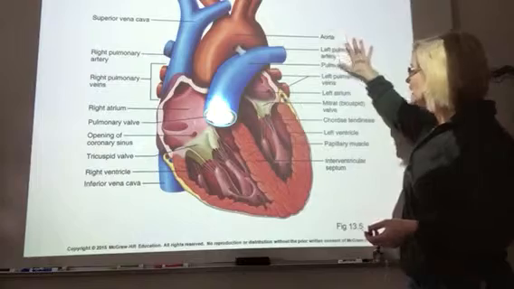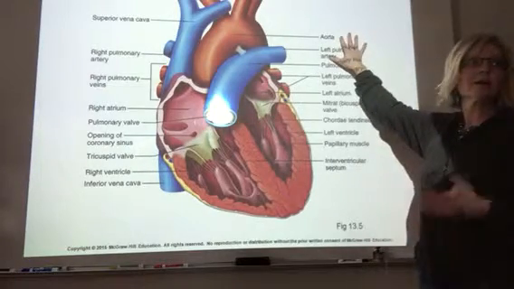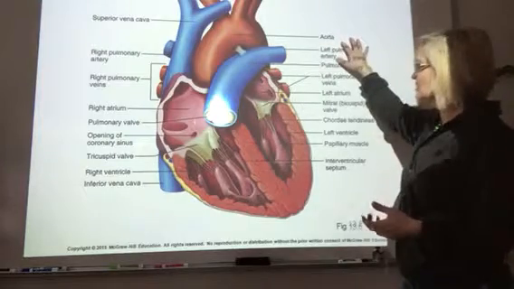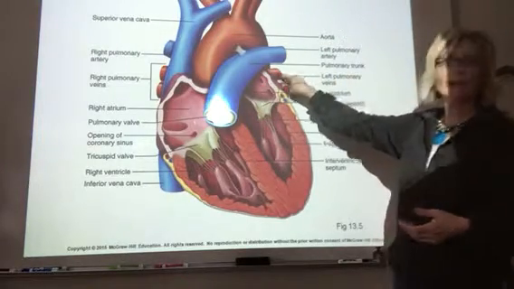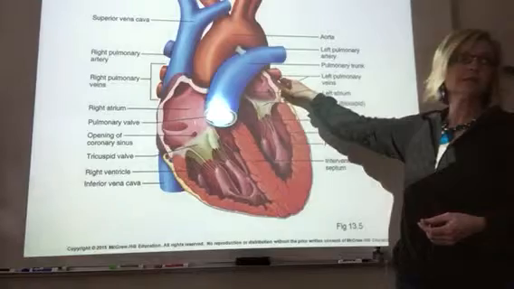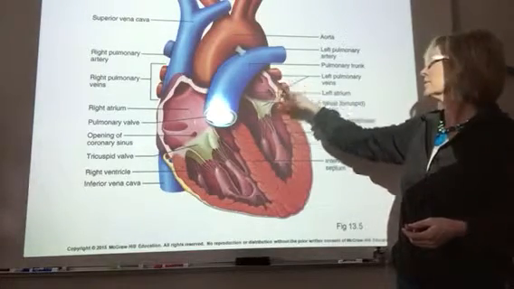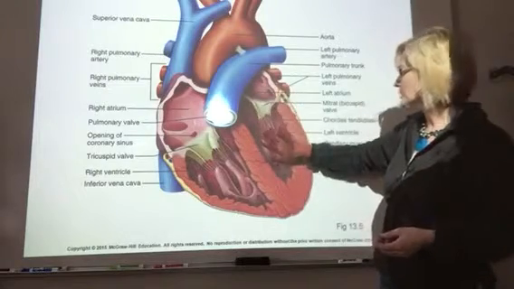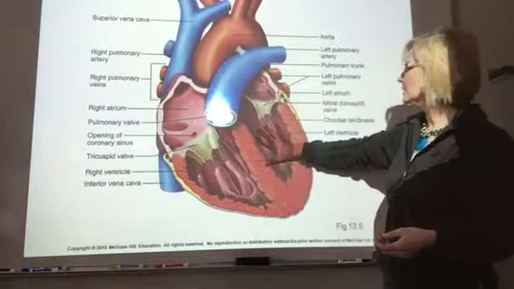Once the blood is in my lungs, it is going to pick up oxygen that my cells need. So it picks up oxygen in the lungs, comes back through these red veins, that's why these veins are red. So oxygenated blood comes to the left atrium, drops through into the left ventricle.